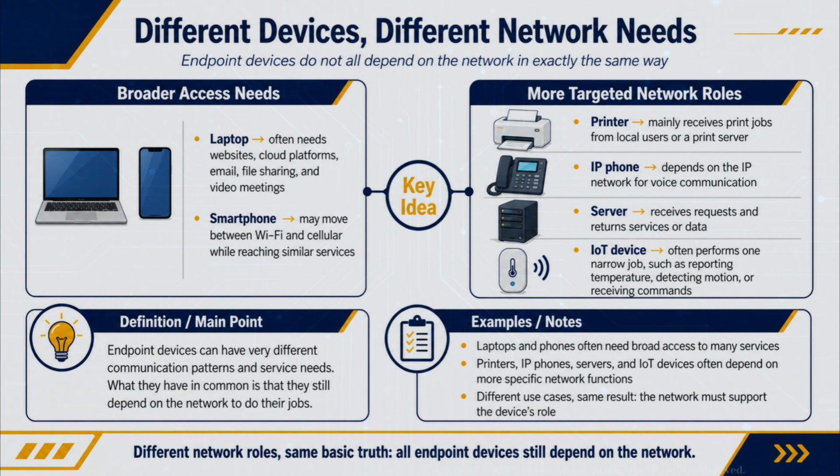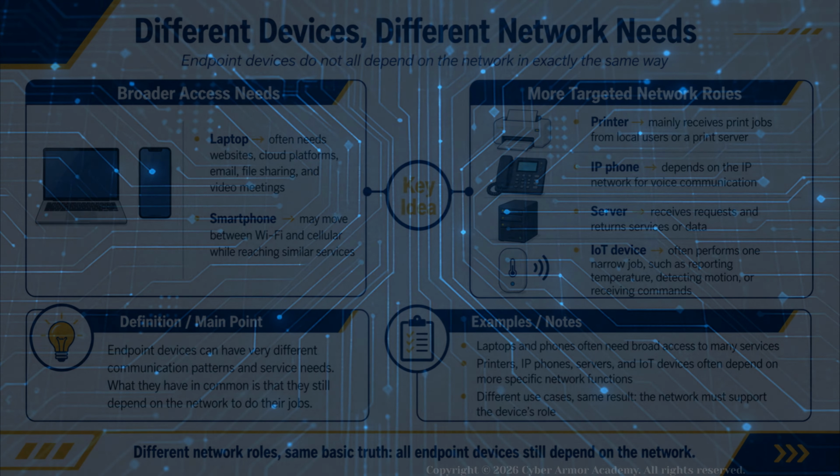An IP phone depends on the IP network for voice communication. A server may depend on the network to receive requests and return services or data. An IoT device may need only one narrow job, like reporting temperature, detecting motion, or receiving commands. So they do not all use the network the same way, but they all still depend on it.